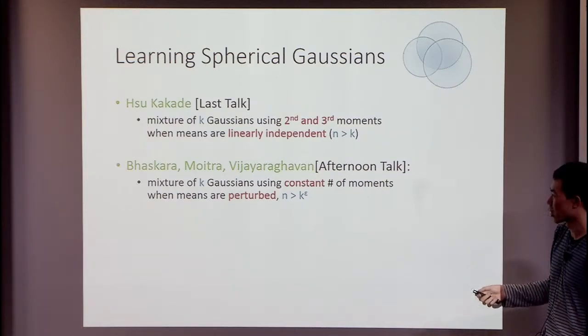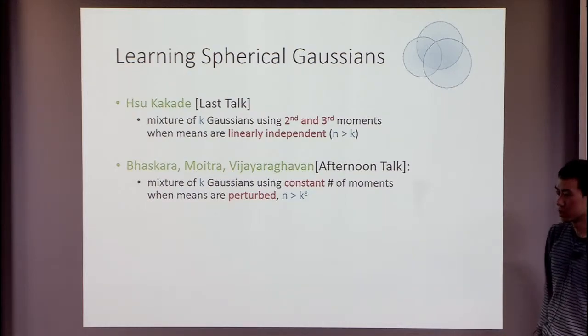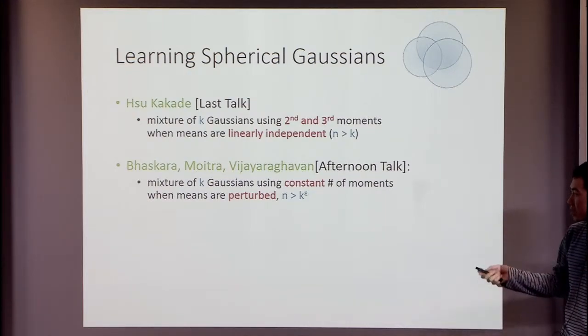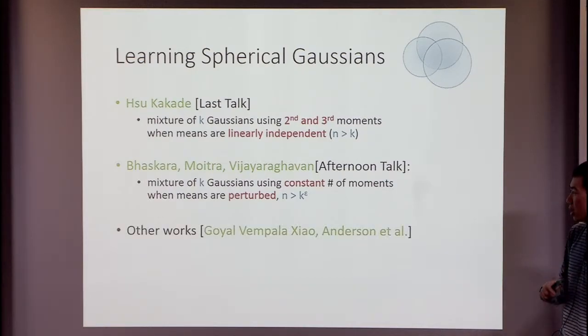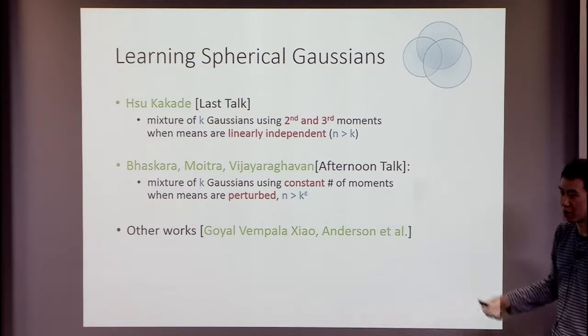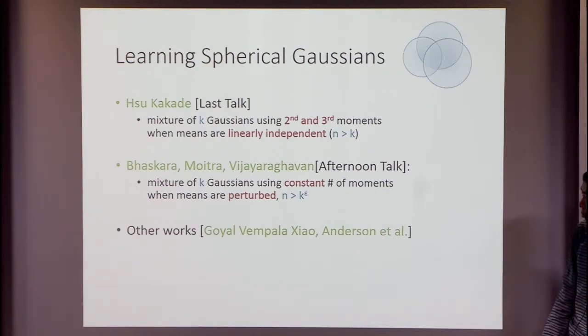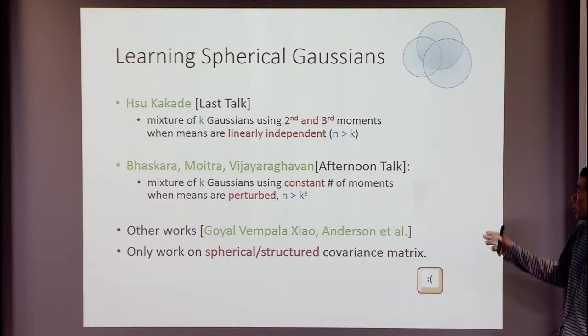And their algorithm works when the means are perturbed, which I will make more precise later. For now, just think of when the means are in general position. There are other related works that are very similar to this work. They give similar guarantees and trade-offs. But unfortunately, all these works still only work for spherical covariance matrices or maybe some other highly structured covariance matrices. If the covariance matrix can be quite general, it does not work.